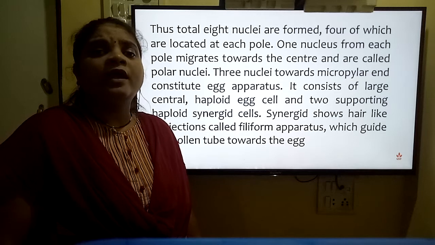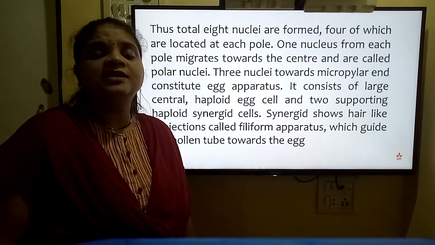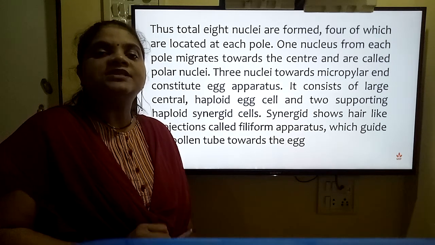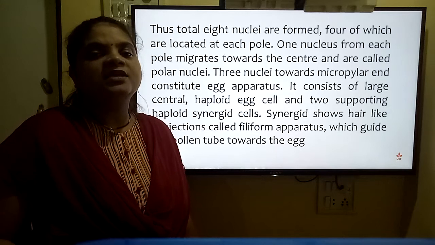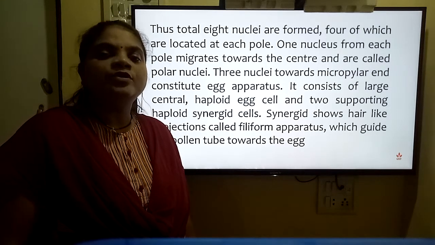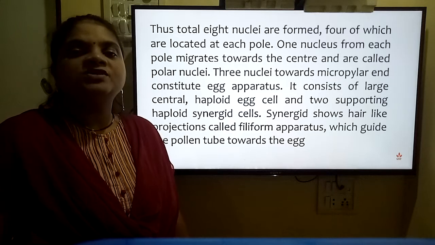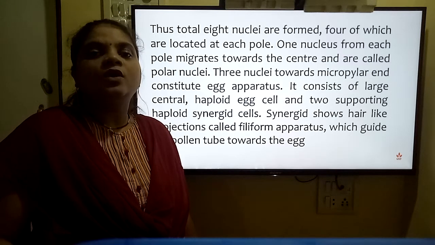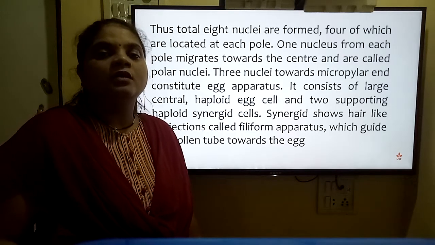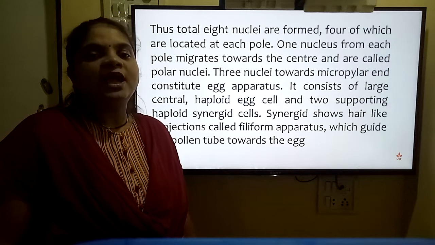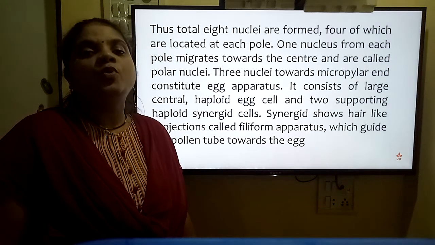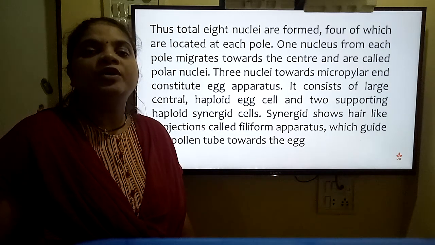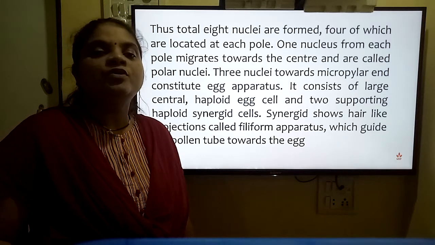One is the egg cell, which is a haploid egg cell, and the other is the secondary nucleus, which is diploid. The entire embryo sac is formed by a functional megaspore. Only one megaspore is functional, so it is called monosporic development of the embryo sac.